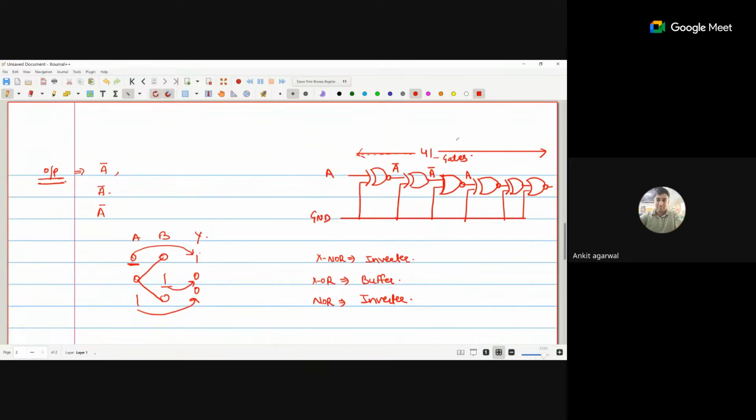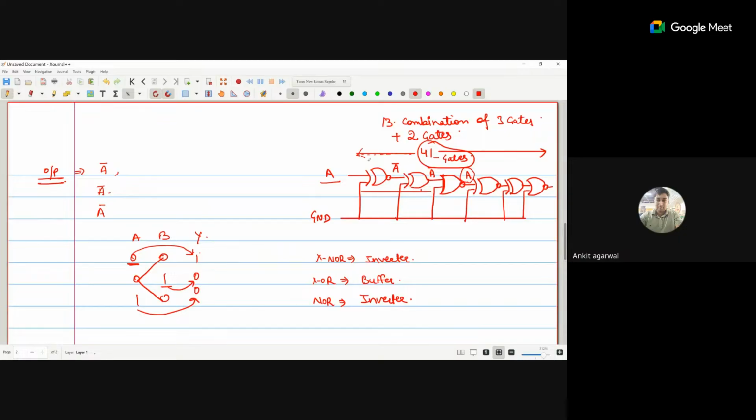Okay, now we have 41 gates. That means 13 combinations of 3 gates, plus 2 gates. 2 gates, which one? These two. Okay, so after every combination we are getting the same input that we apply.